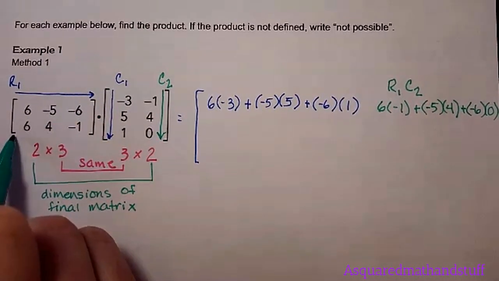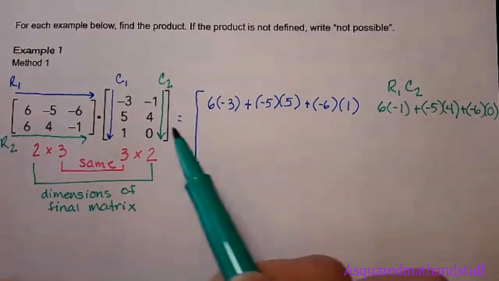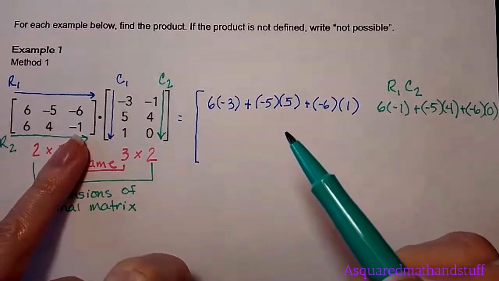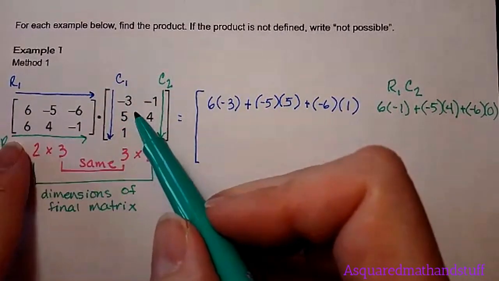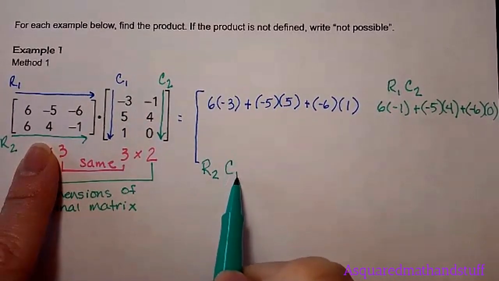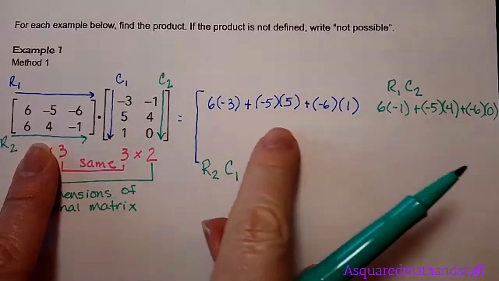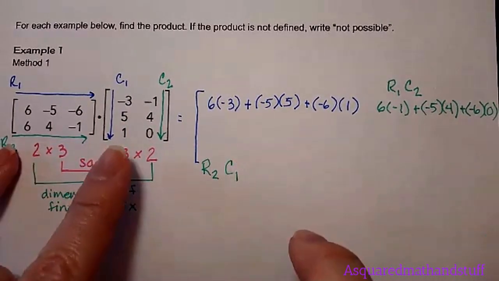Now let's focus on going across row 2. So I'm going to go across with my finger on row 2, but now I'm going to revisit column 1 because I need to multiply row 2 and column 1 in order to get the values that go in row 2, column 1.